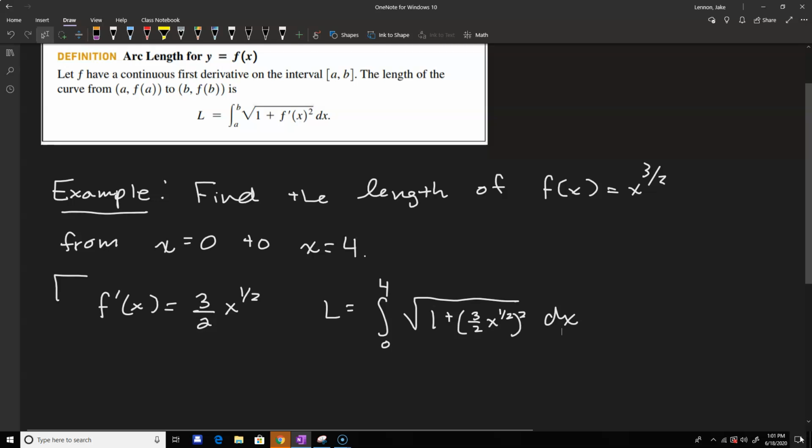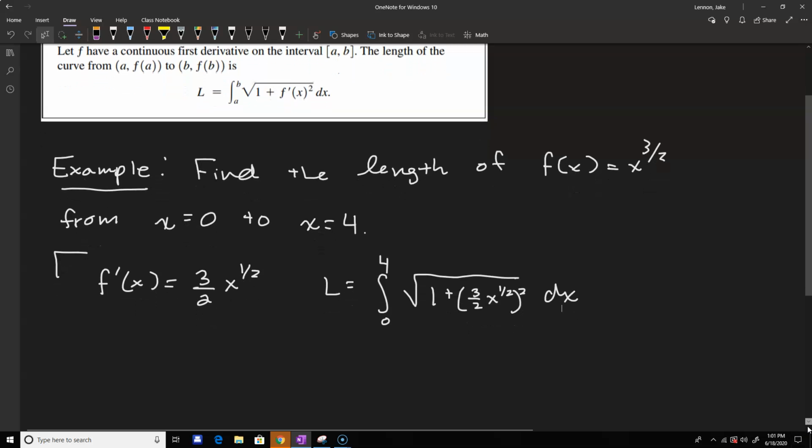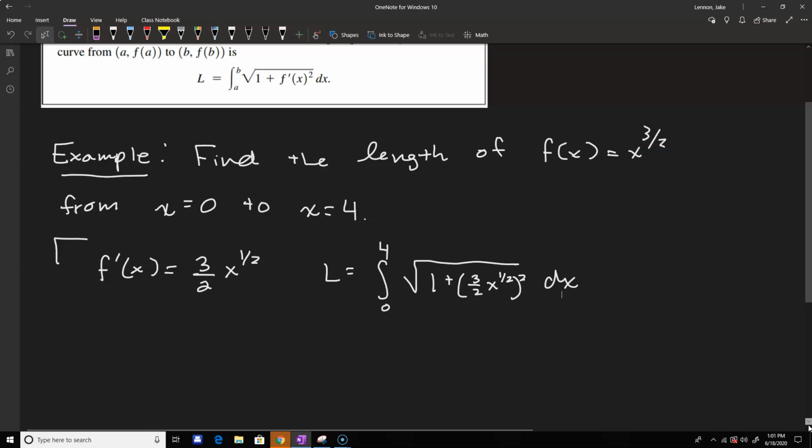Okay, so that's the formula to find the arc length. So let's go ahead and simplify under the square root there. So this is the integral from 0 to 4 of the square root of 1 plus 9 over 4 x dx.